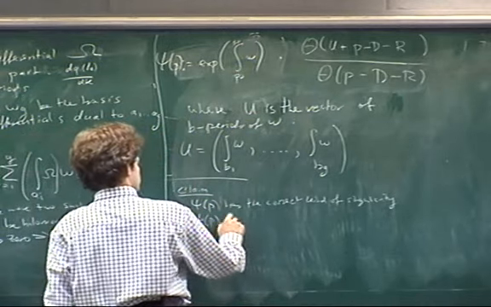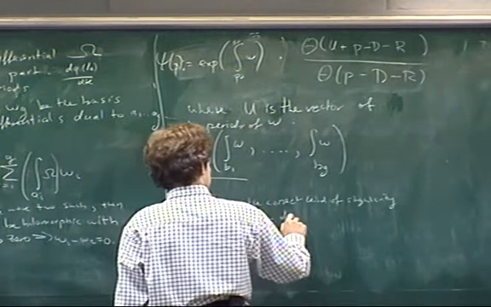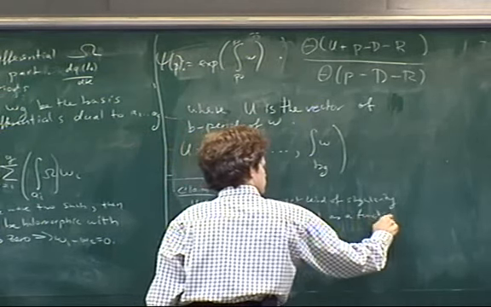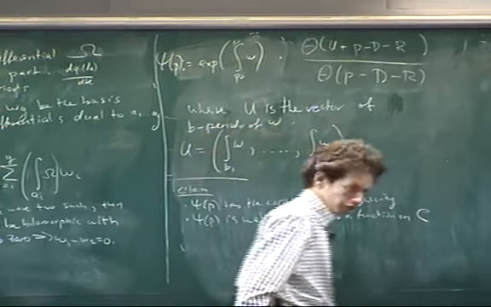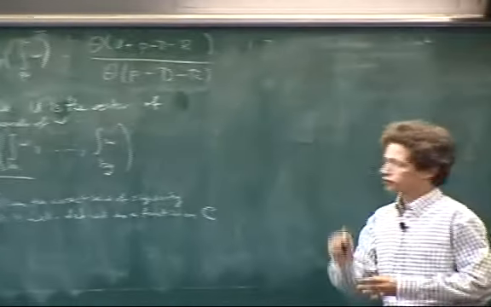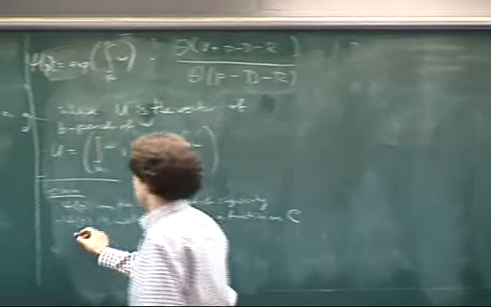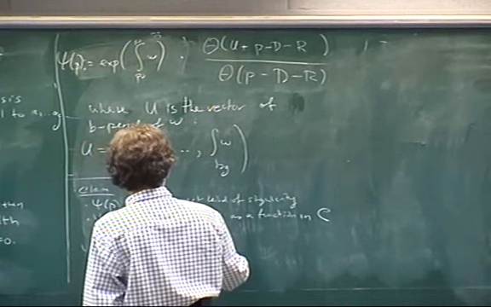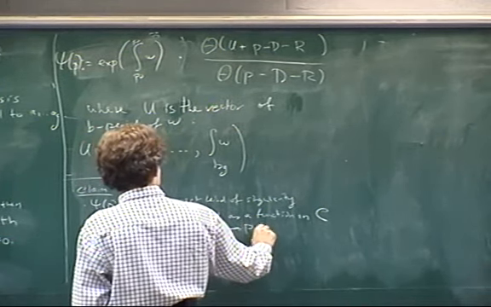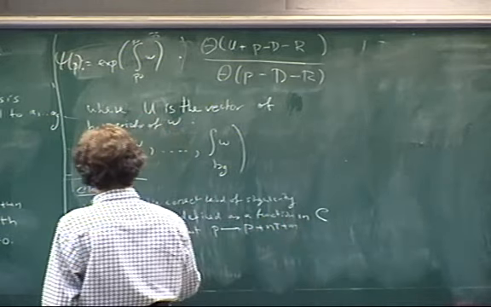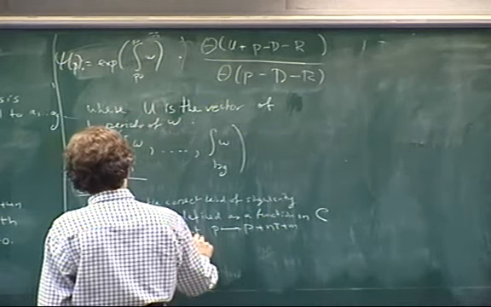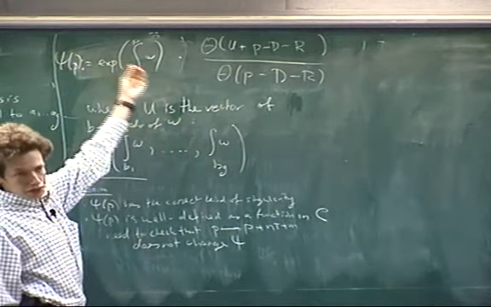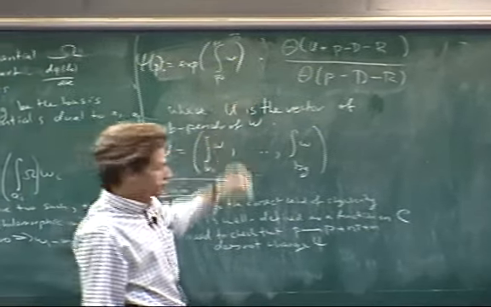Psi of p I would like to claim is well defined as a function on the Riemann surface and not as a function on the universal cover. For that you need to check that if you take a point p and you add a period vector to it, then in fact this doesn't change psi, because this is technically written on the Jacobian, and not even on the Jacobian, but on C to the g.